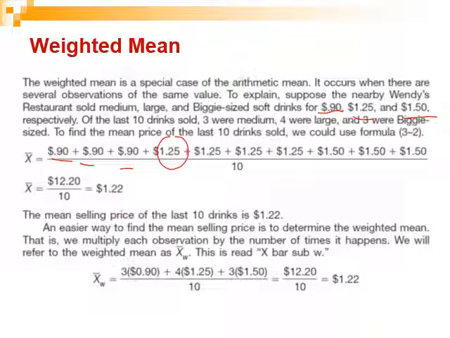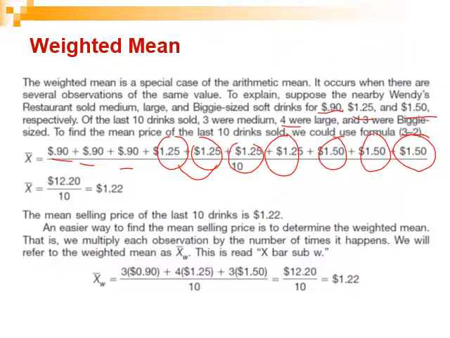This means that we will add 1.25 four times: 1, 2, 3, 4, because he sold 4 large, and 3 were big size, and one of big size is sold for 1.5. So we will add 1.5 three times to get all the values that are similar.